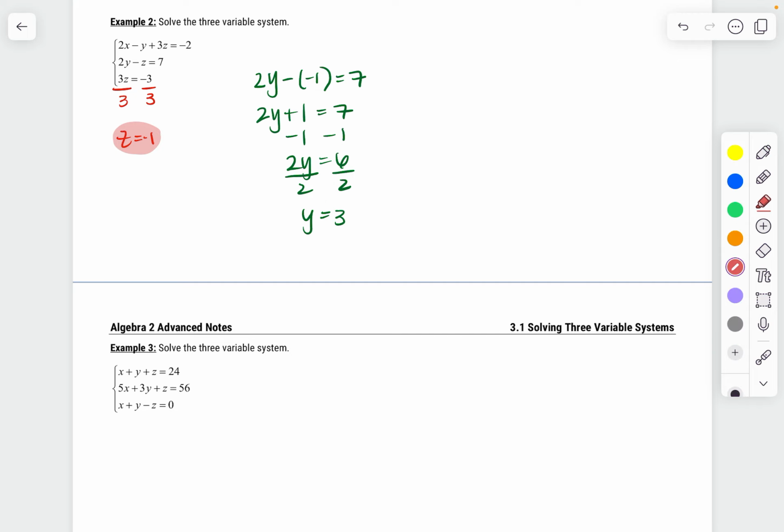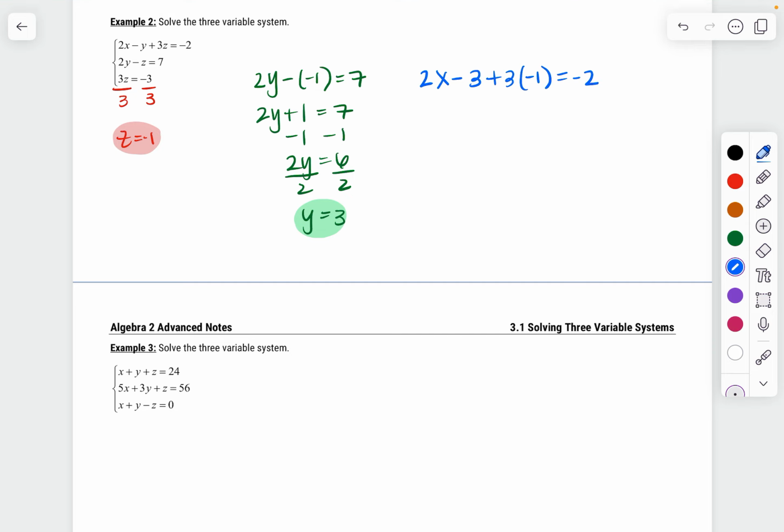And again, once I get another piece of my puzzle, I work my way up to the next equation. And in this case, we're going to have 2x minus, my y value was 3, so I'm going to have a 3 there, plus 3, my z value was -1, equals -2.